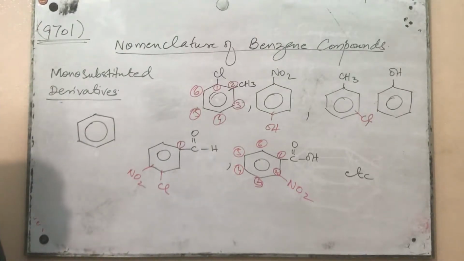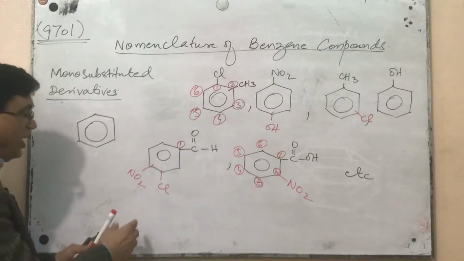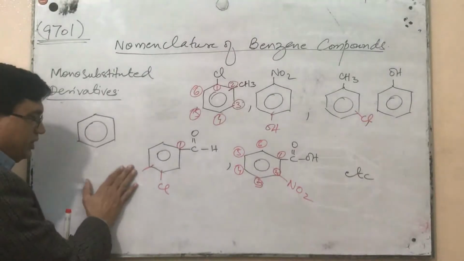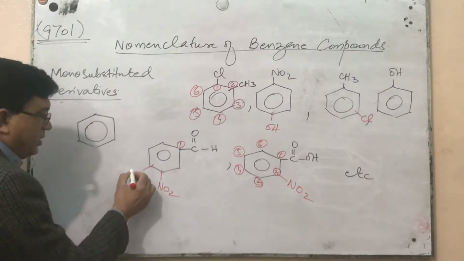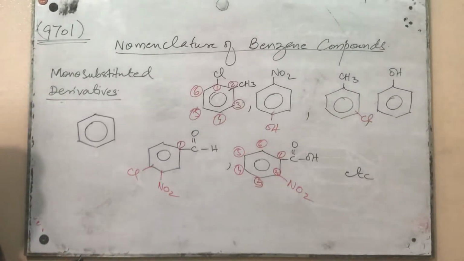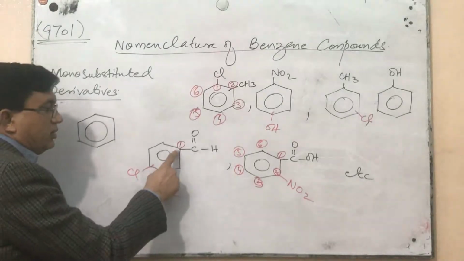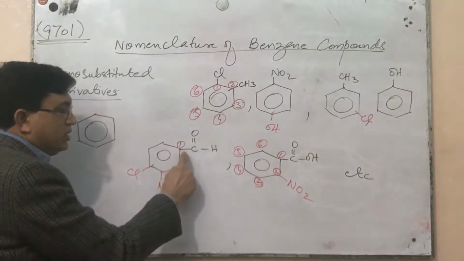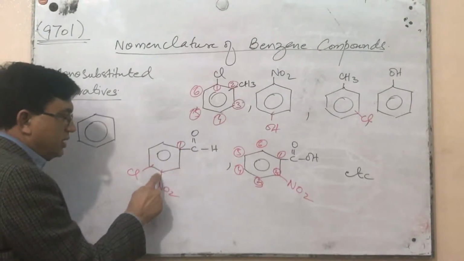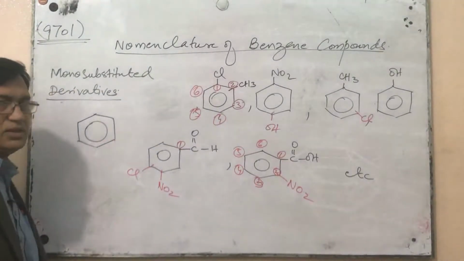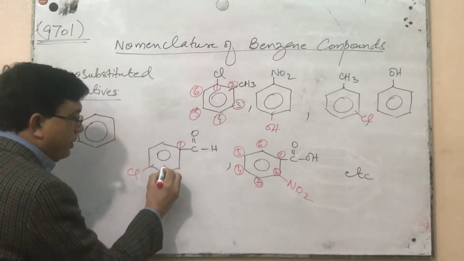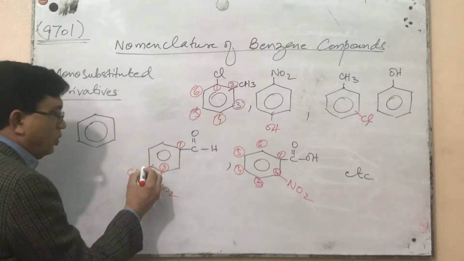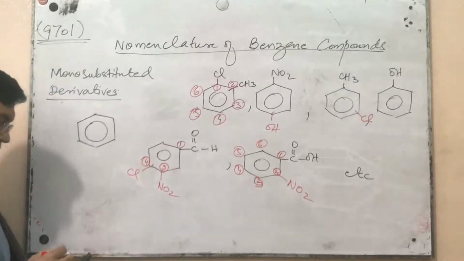Now, one thing which is most important to remember, for example, if I replace the position of both of these, for example, if I put nitro here and chloro here, now I have to name this compound. This is number 1 carbon, this is second, this is third, this is fourth, fifth, and then sixth. No doubt, this nitro is present at the third carbon atom and chloro is present at the fourth carbon atom.